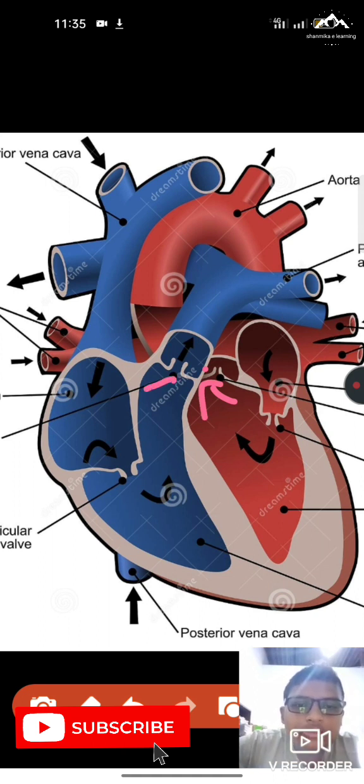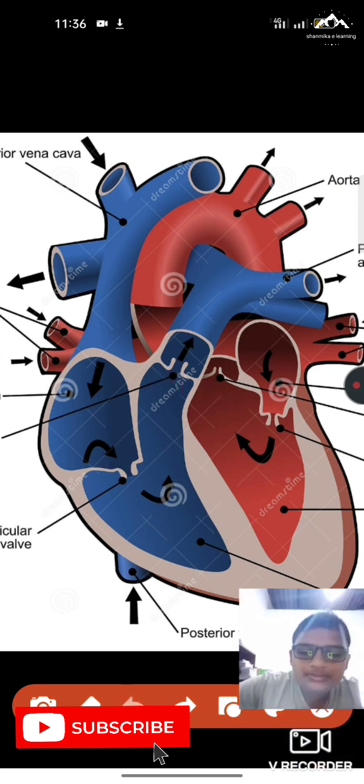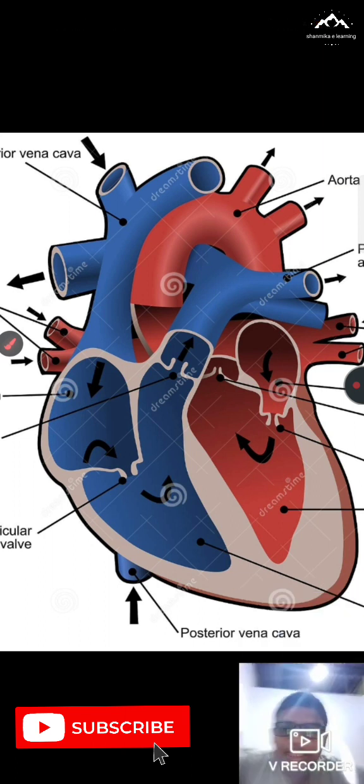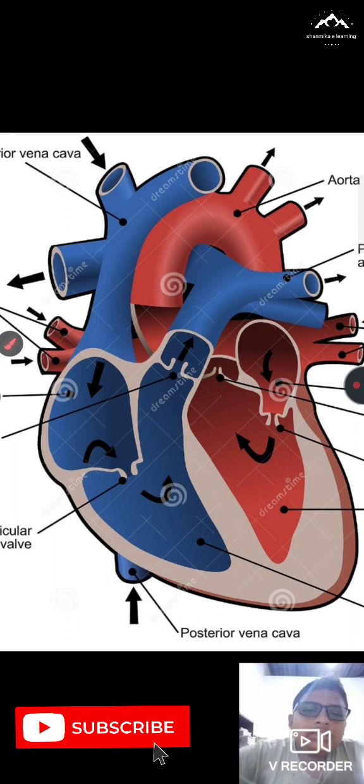On the right side it is the tricuspid valve, and on the left side it is the bicuspid valve. Tricuspid means 3 cusps, bicuspid means 2 cusps. Those valves open and close like a window.